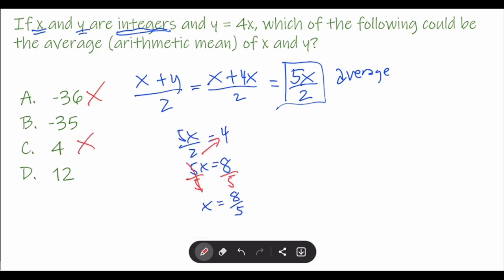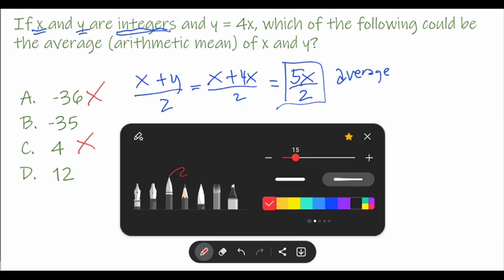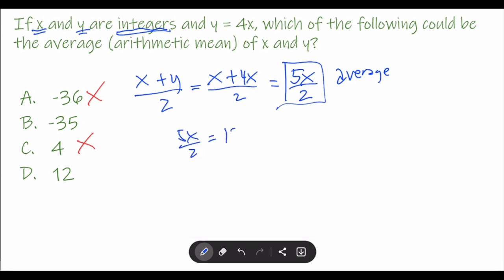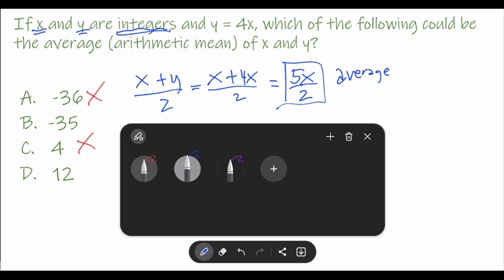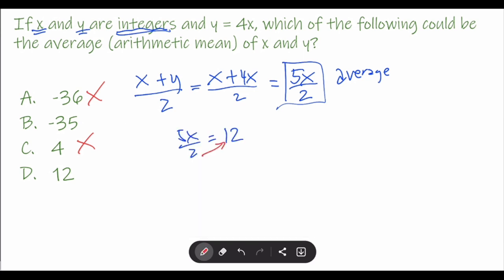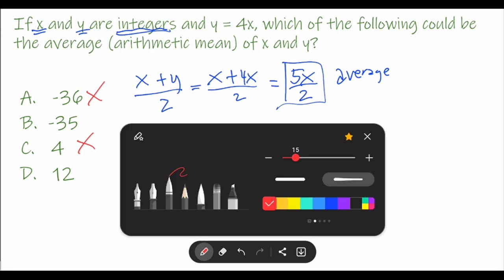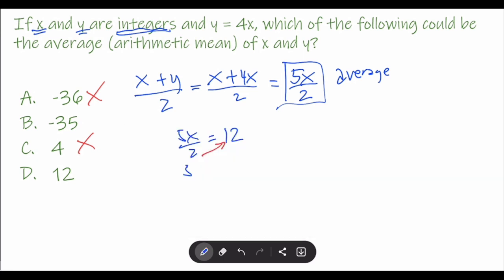Now let's try D. Let's change the right side into 12. So 5x over 2, which is the average, is 12. Let's try to find x and figure out if x is an integer. Now we do the same procedure, cross multiply, so 5x equals 2 times 12, which is 24.